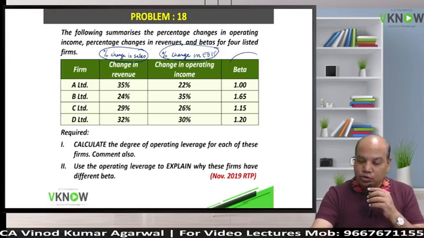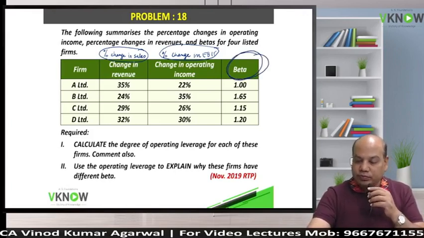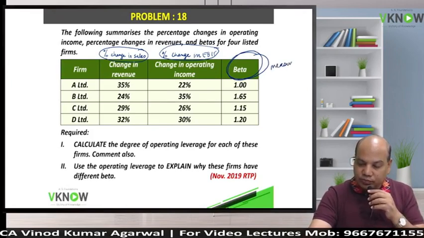This time they have given you one more concept called beta. So beta is a measurement of risk. Higher the risk, higher the beta.